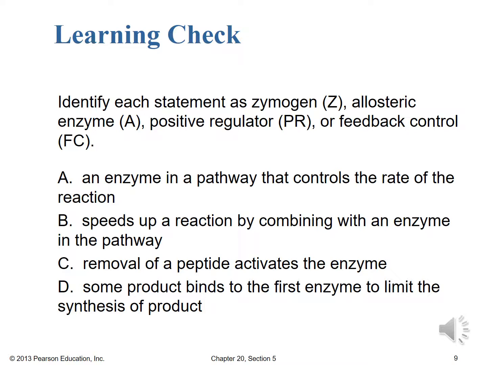In this particular learning check, you're asked to identify each statement as zymogen with a capital Z, allosteric enzyme with a positive regulator, PR, or feedback control, FC. So read those descriptions for A, B, C, D, and decide which best describes that statement. Pause the video here while you make those assignments and start us back up when you're ready to check your work. Good luck.